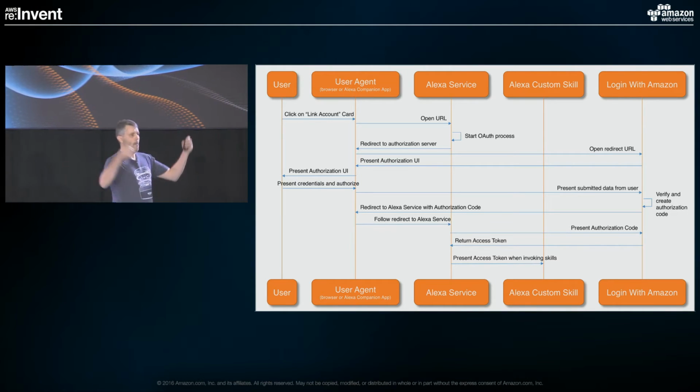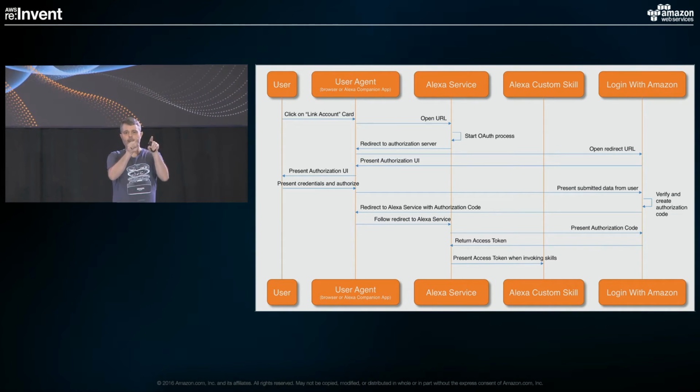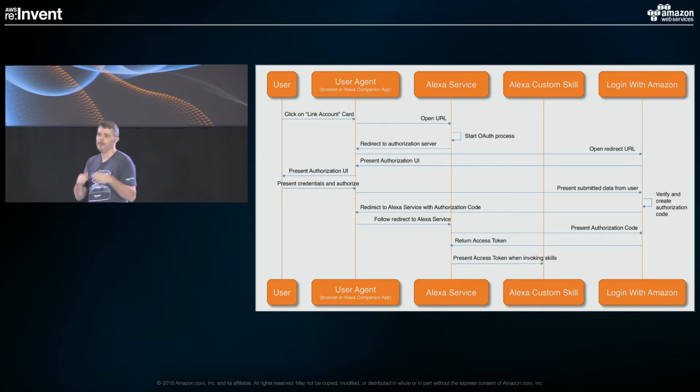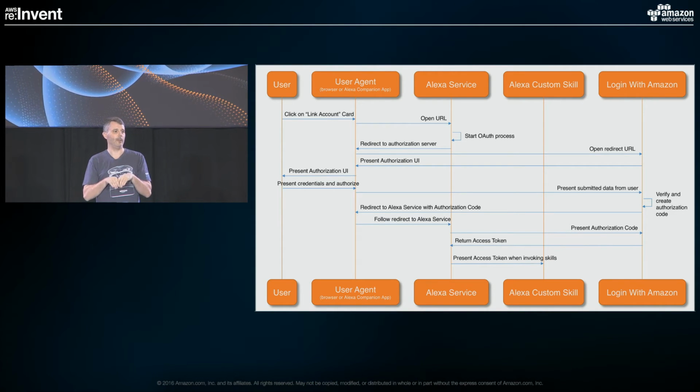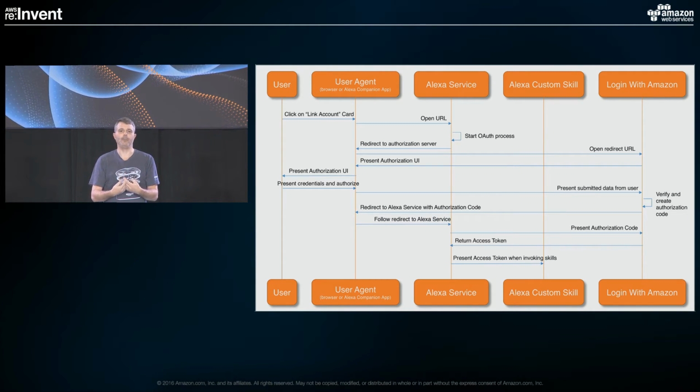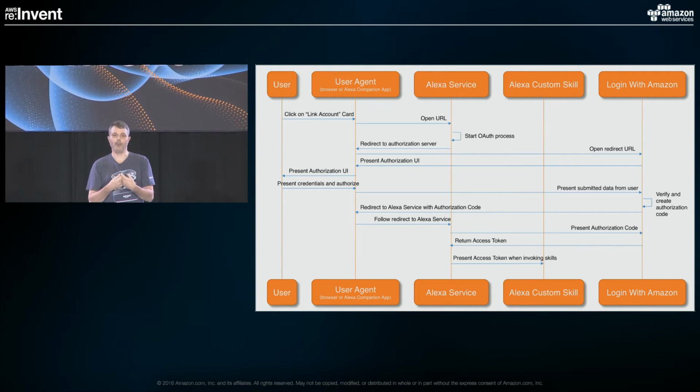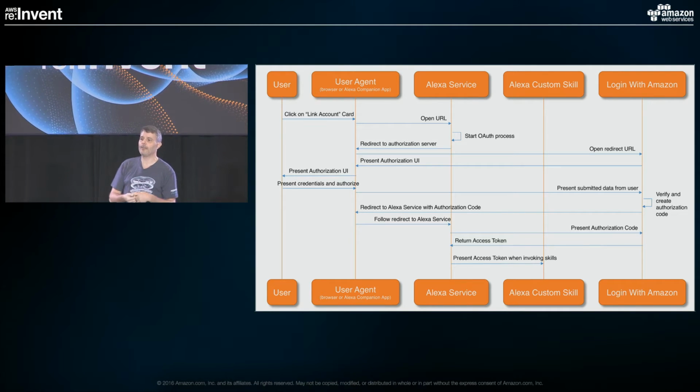The idea is me, as a user, I enable a skill, I'm redirected to the login page, I enter my username and password, I usually receive a second screen that says, hey, do you authorize this application to access your profile? I click yes. At that time, the authentication website, the IDP, identity provider, generates a code and sends that code back to Alexa.